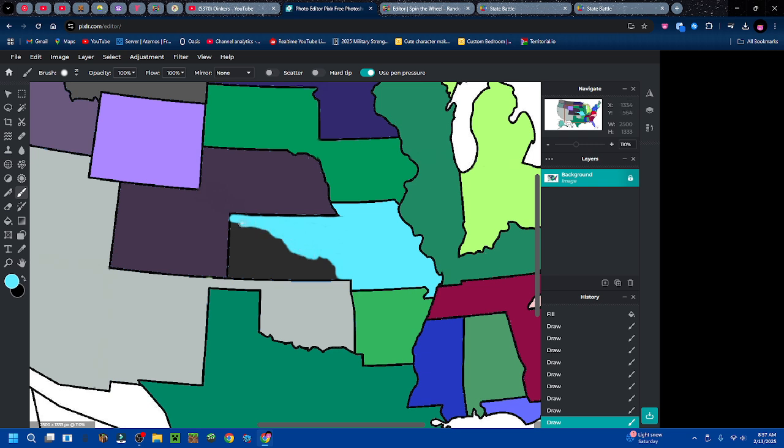They're not even the same color. I don't understand. Okay, it's not as good as the paint bucket, but it will have to do. I'm not redrawing all the borders, just to use a paint bucket on Kansas. But bam! You guys are under Missouri if you live in Kansas.